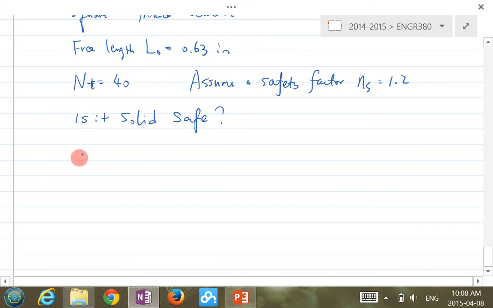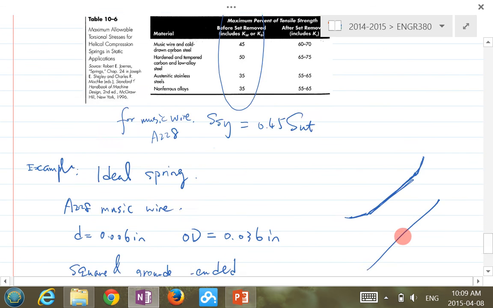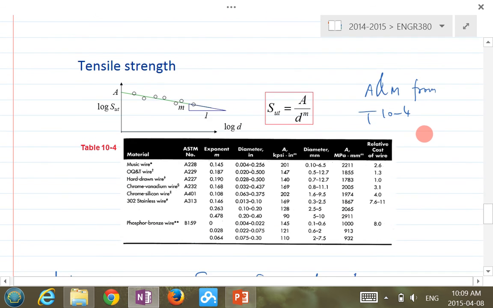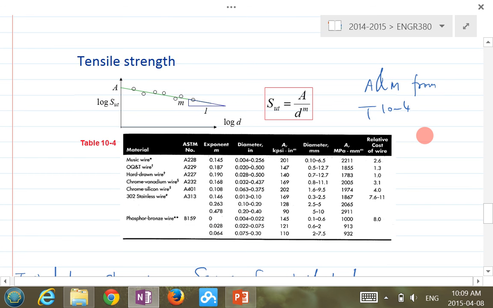We need the strength property. So SUT equals A over d to the power of m. I need to know what A is and what m is. So if I go back to my table 10-4, the unit we're using is inch, so we should use this column for A and this column for m.